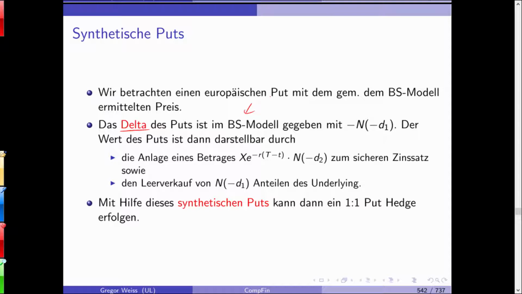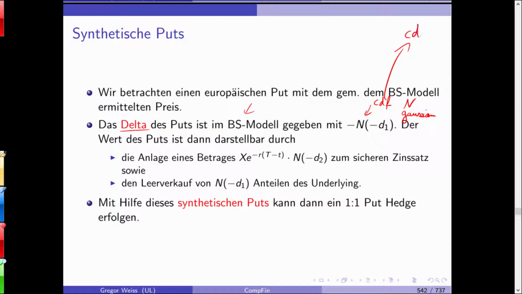And the put price can be represented by investing the capital amount X, discounted continuously with R, times the CDF of the normal distribution at point minus D2, and going short in the underlying with the number of underlyings being N of minus D1. And this, again, is the CDF, the cumulative distribution function of the normal, the Gaussian distribution.